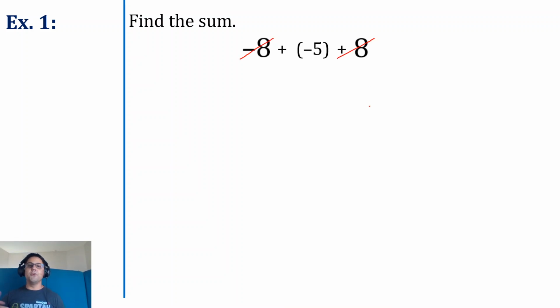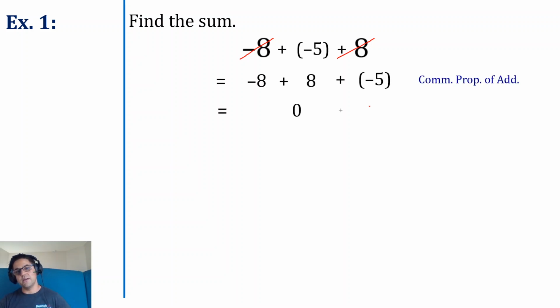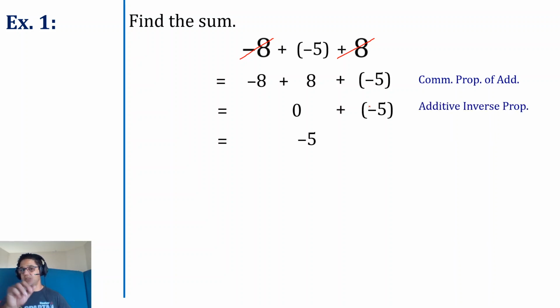And we know that 0 plus negative 5, well, the 0 really doesn't affect addition or subtraction, so it means my answer is just negative 5. So you can use that strategy if you'd like to as well. Or you can show all this beautiful work. My suggestion is the crossing them off.